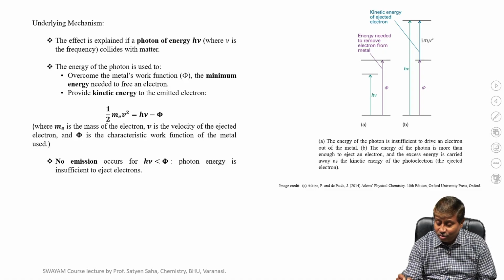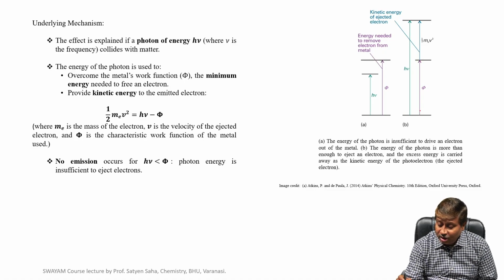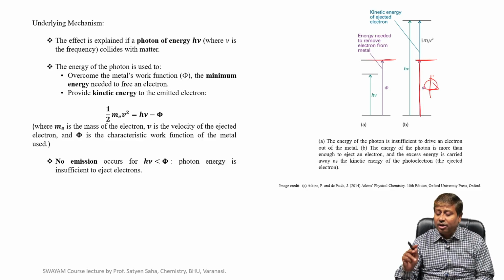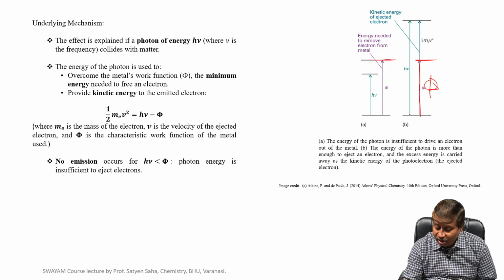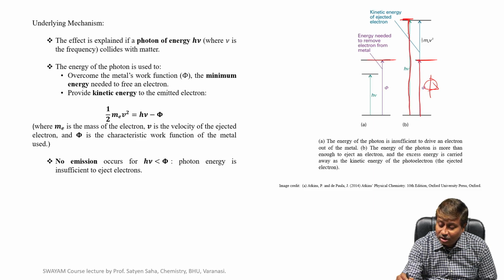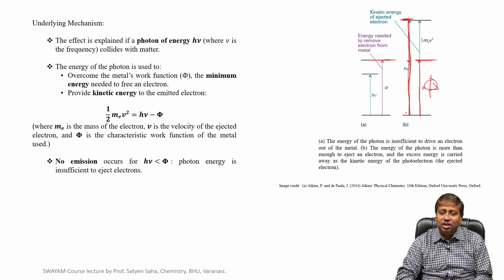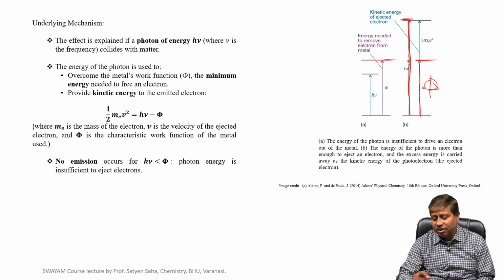Now, another scenario. The work function is the same, the minimum energy required to take the electron out of the metal surface. But here you are giving much more energy than the necessary one. In this scenario, the light will be able to kick out the electron from the metal surface.